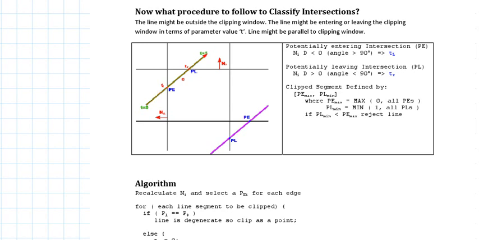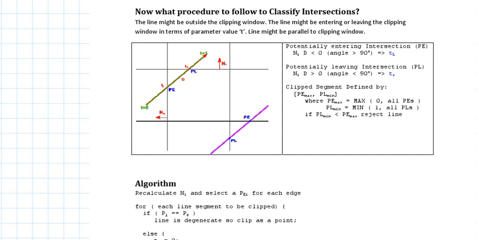So how can you find out when a line is entering into the clipping window and when it is actually leaving? It is again very simple. For potentially entering intersection, PE, that is potentially entering, Ni multiplied with D is going to be less than 0.